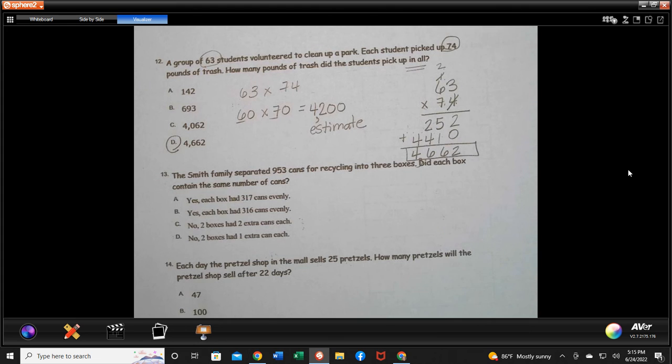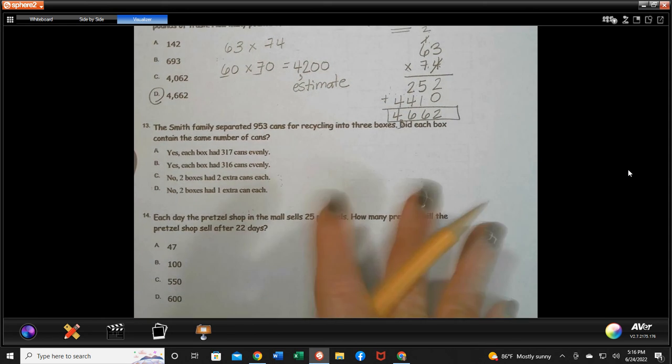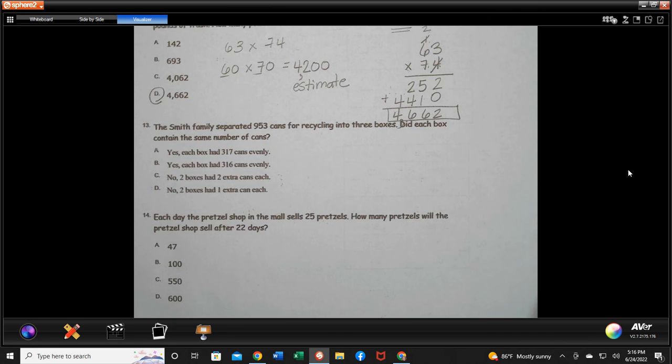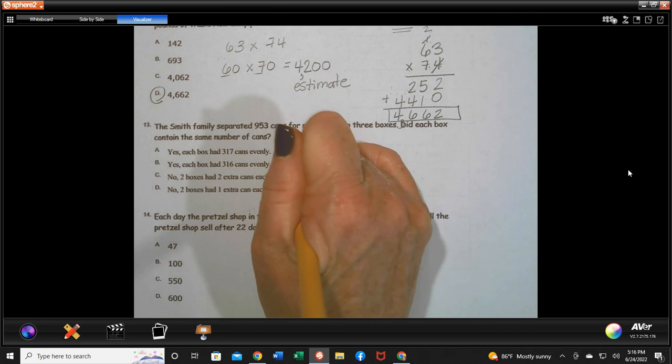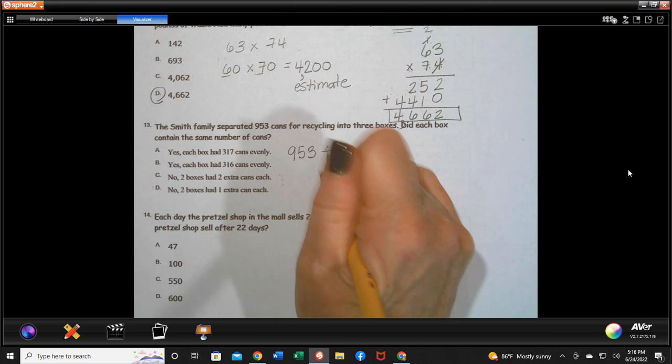All right, number 13. The Smith family separated 953 cans for recycling into 3 boxes. Did each box contain the same number of cans? Well, I have to get the question before I can find the answer. So they have 953 cans and they're recycling them into 3 bins.